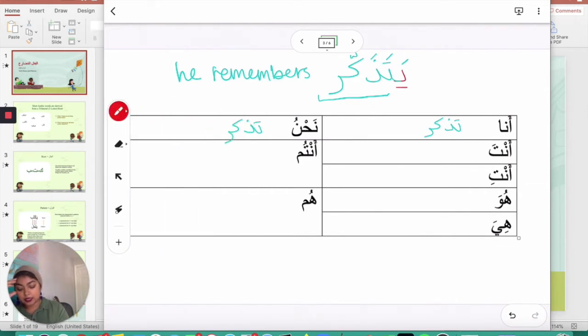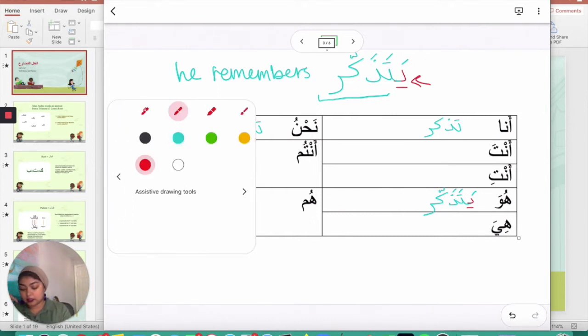So in this right here, we had يتذكر, which is the huwa form, because remember when you start with the ya, that's the huwa form, the he remembers, it's the default. And your harakat are the same for all of them, يتذكر. So if I change that ya for ana, what letter does it change to?